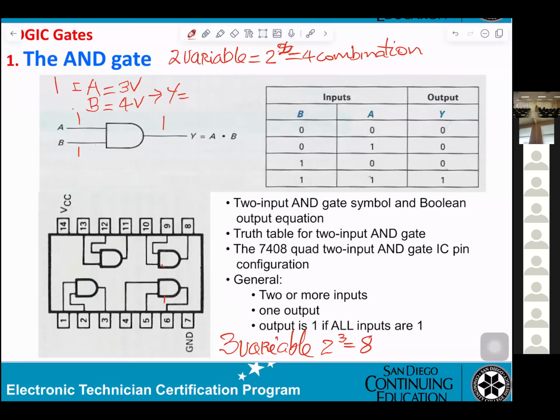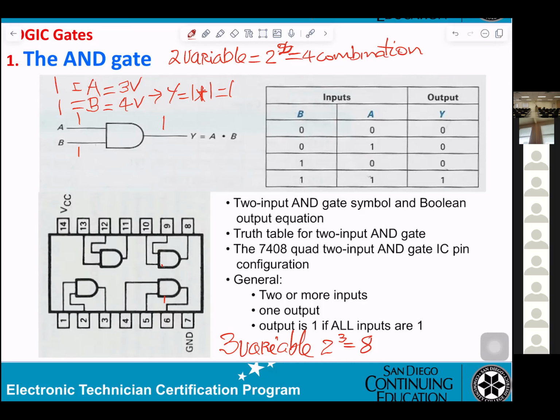B logic will be 1. 1 times 1 equals 1. So if you measure the input logic 1, next input logic 1, then output has to be 1.